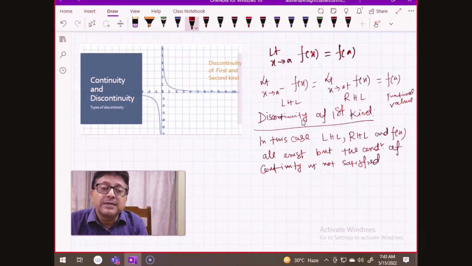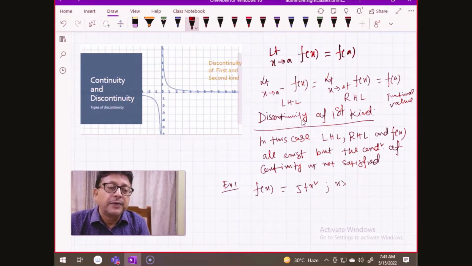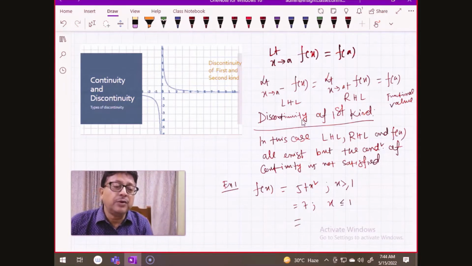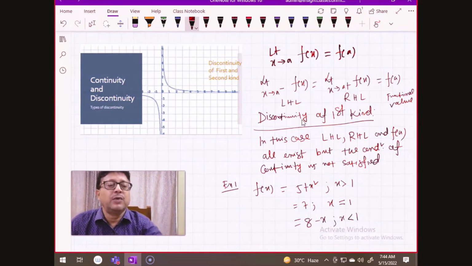I can take one example for you here, the simplest one. f(x) equal to 5 plus x square when x is greater than 1, 7 when x equal to 1, and 8 minus x when x is less than 1.